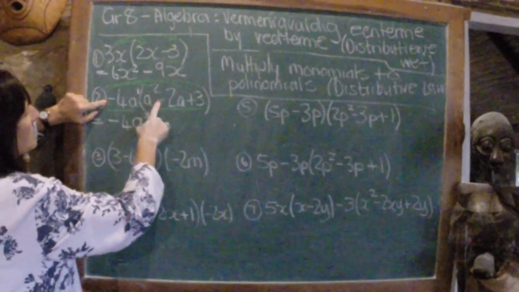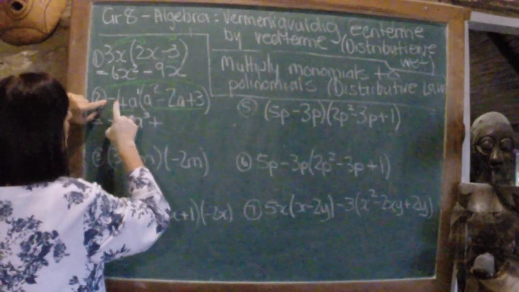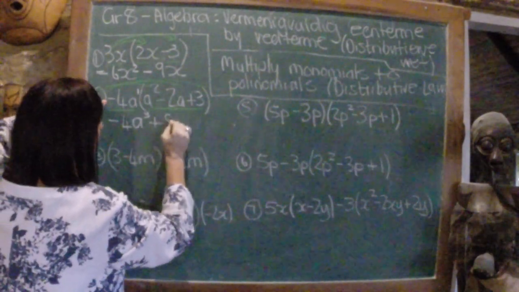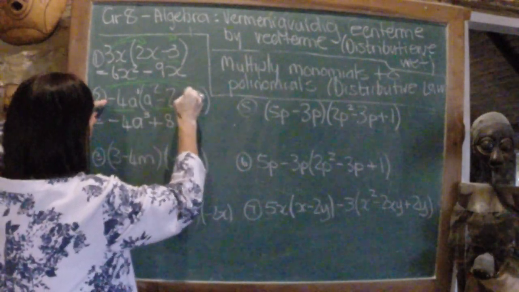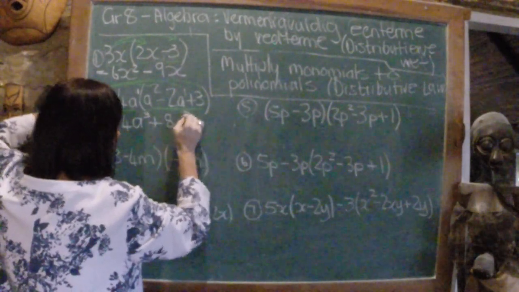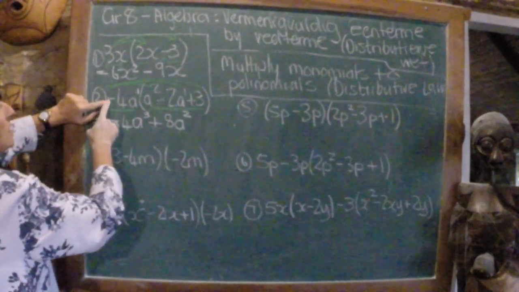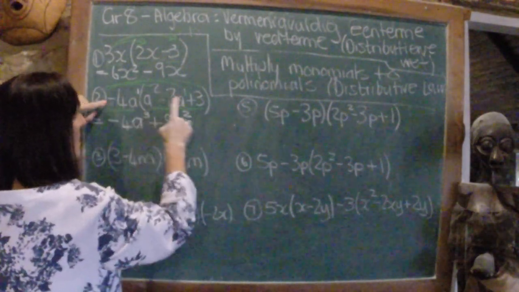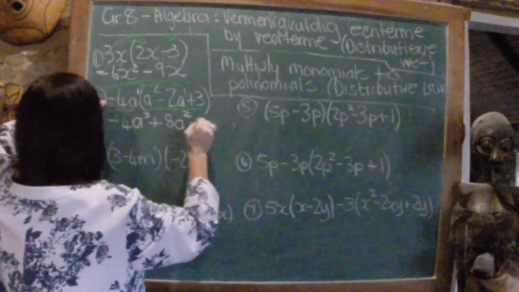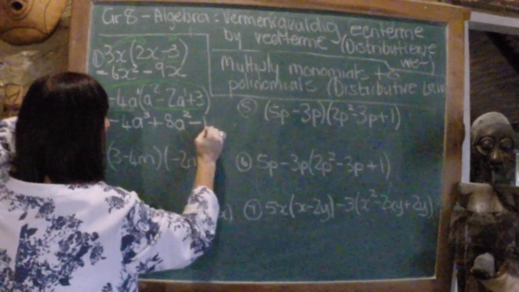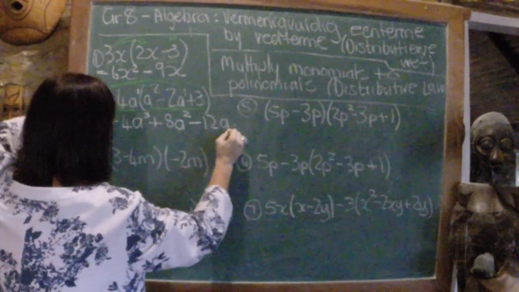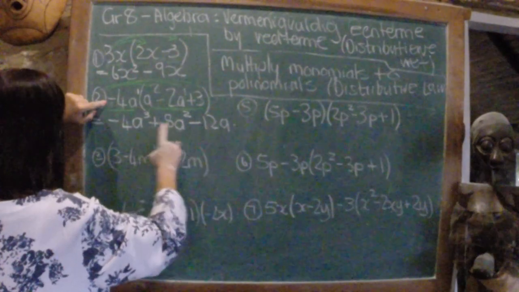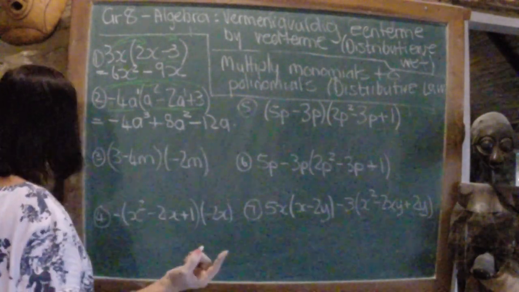A minus times a minus gives me a plus. 4 times 2 gives me 8. 1a gives me 2a's. The last one, minus 4a maal met plus 3. A minus times a plus gives me a minus. 4 maal 3 is 12 en daar's net 1a. I can't plus or minus unlike terms, so I'm done.